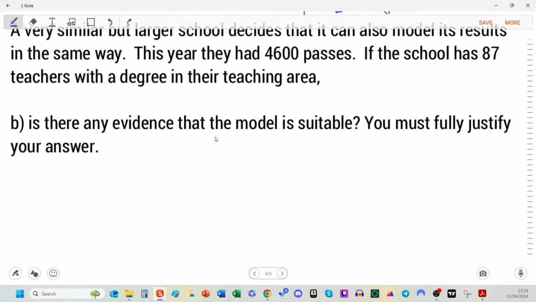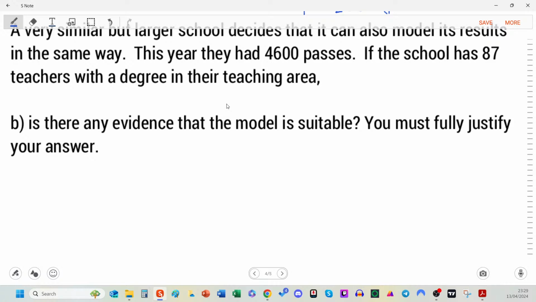Or other school, should we say. If the school has 87 teachers with a degree in their teaching area, is there evidence that the model is suitable? What we're asking really is, if this is true, how many teachers does our model predict that we should have, and is that going to be the same as what they actually have?